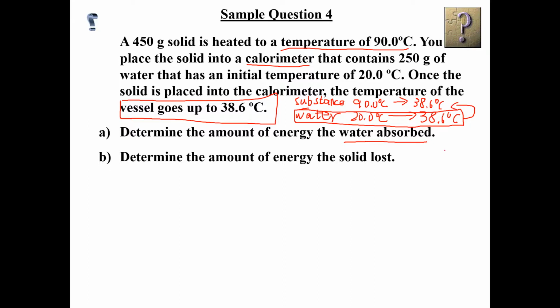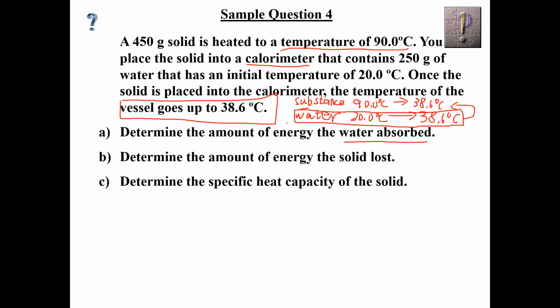You will know that. And once you know that, you know the Q for water. The amount of energy gained is equal to the amount of energy lost. Telling you how to do this question.